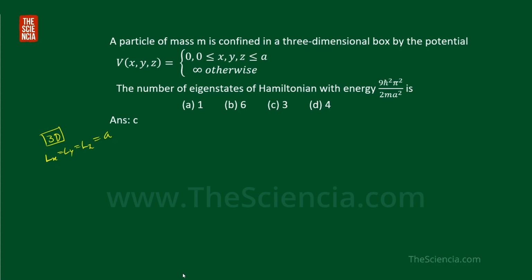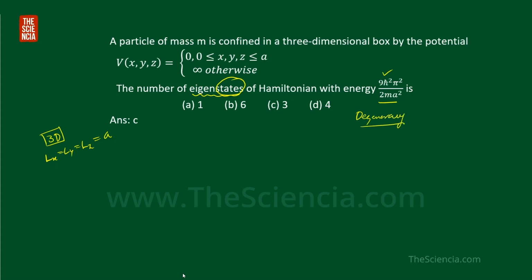Okay, and the question is the number of eigenstates of the Hamiltonian with energy 9 pi square h square by 2ma square. That means there are different states having the same energy, so this question is about degeneracy.